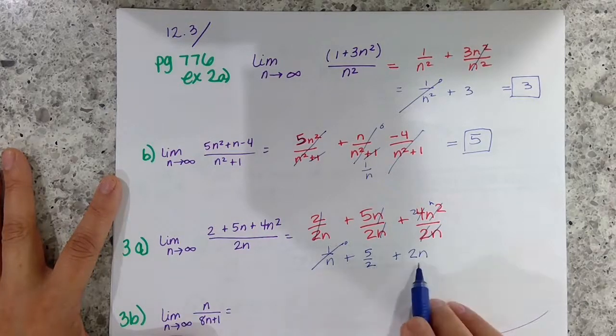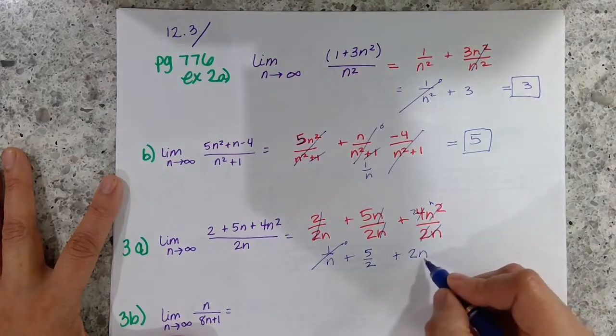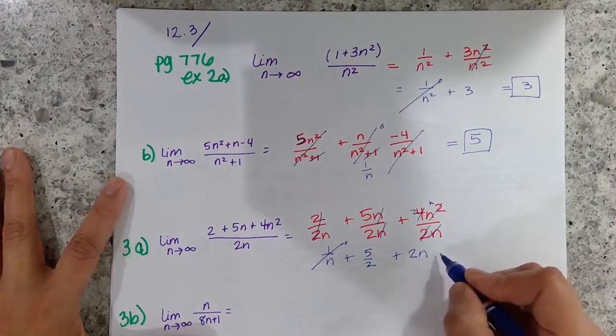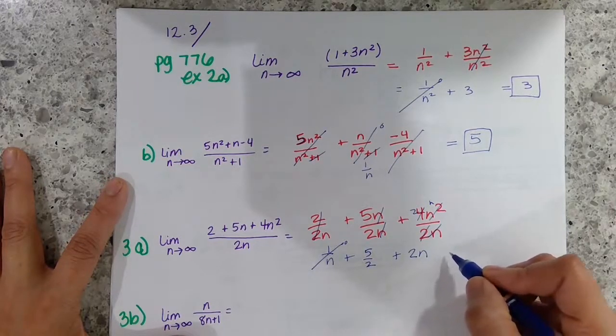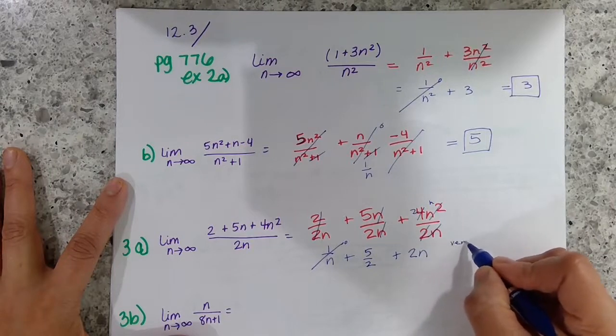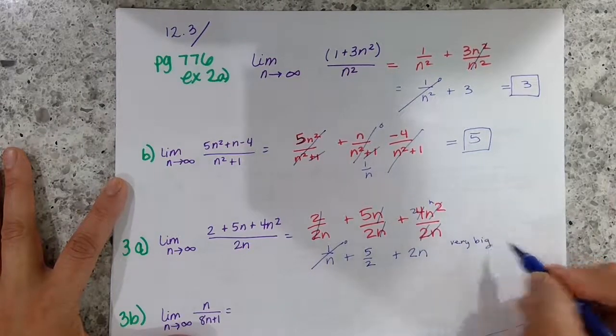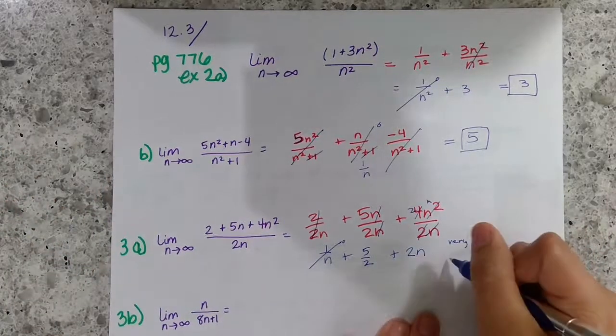It's negligible. So this just gets really big. So this goes to infinity. 3 trillion doubled or whatever. So we're just going to say it gets super big. Because it is very big, you actually can't say that, it has no limit.